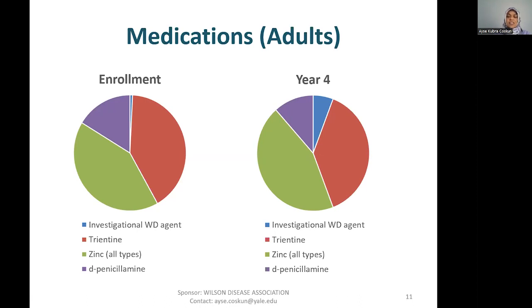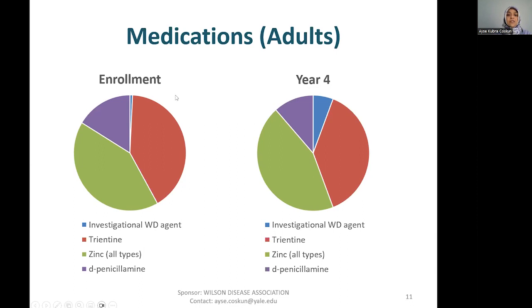Here is another example about the data we collected regarding the Wilson disease medication. Main categories of medications being D-penicillamine, trientine, various types of zinc, and investigational agents. We captured the treatment types and change in time for each patient.